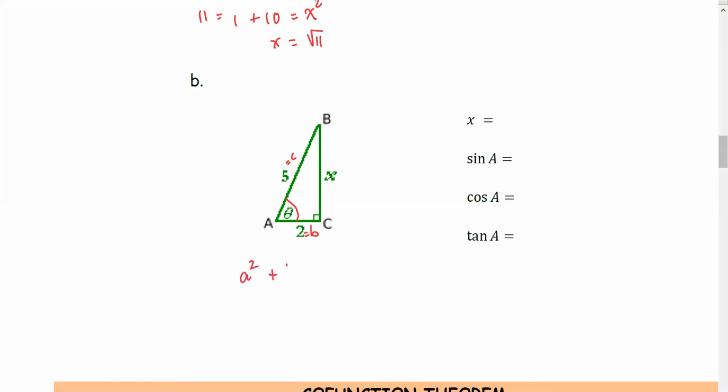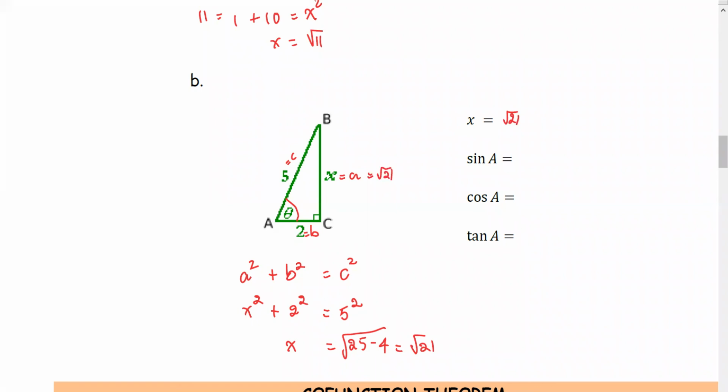So a squared plus b squared equals c squared. In this case, a is x, which is the missing value. So x squared plus b squared, which is 2 squared, equals c squared, which is 5 squared. The x squared equals 25 minus 4. Take the square root to give us square root 21. So x is square root 21.